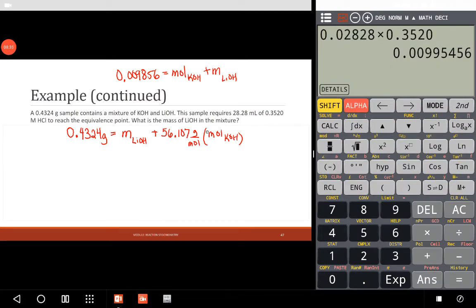I rewrote some things to give us a little bit more room. Now that we have our moles of potassium hydroxide here, we can take this previous equation and solve for moles of potassium hydroxide by subtracting moles of lithium hydroxide from both sides.